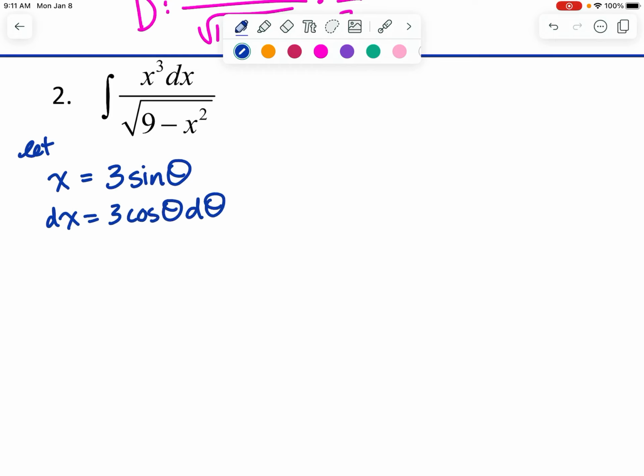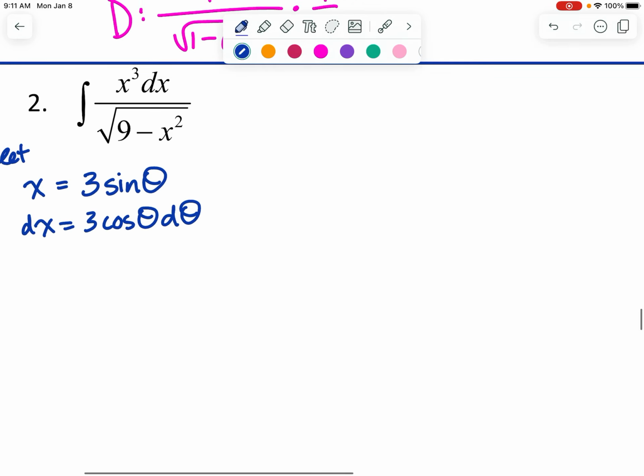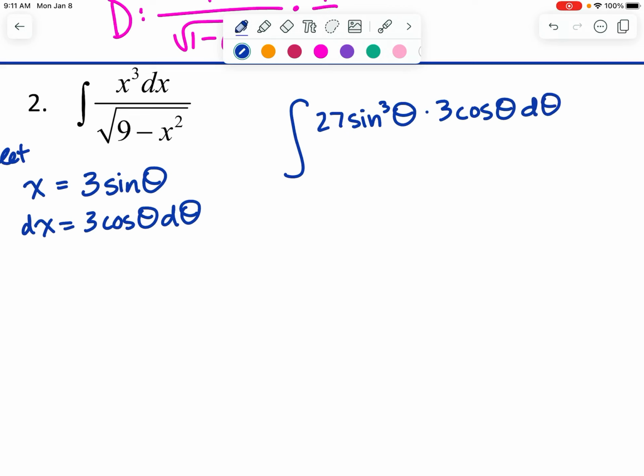And I'm going to plug this all in for my x and my dx. It's going to be a little bit messy, but that's okay. Up on the top, I'm just going to go ahead and cube x right away. So that's going to be 27 sine cubed. And then I'll just throw dx on top as well, so that's going to be 3 cos theta d theta. And then on the bottom, I have my square root of 9 minus, and I'll square it right away.